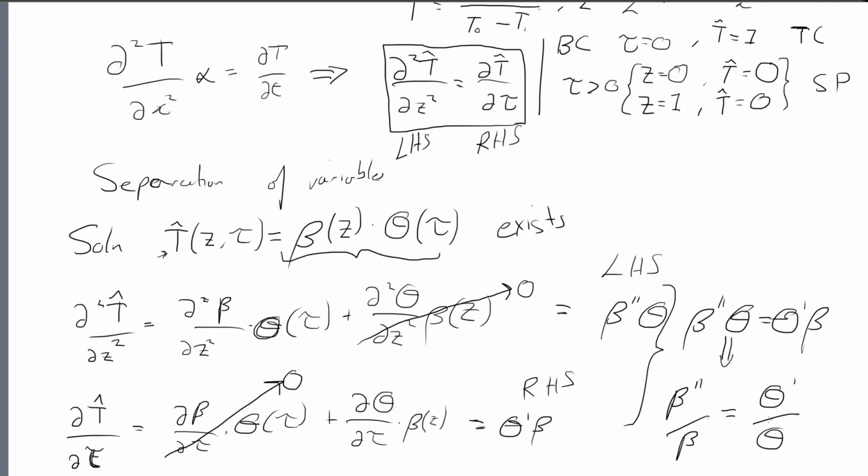This is very interesting because the left-hand side is only a function of z, and the right-hand side is only a function of tau. So while z may cause beta to change, the combination of beta prime prime and 1 over beta doesn't change. Similarly, while tau may change and theta may change, the combination of theta prime and theta won't change. And therefore this is equal to some constant.